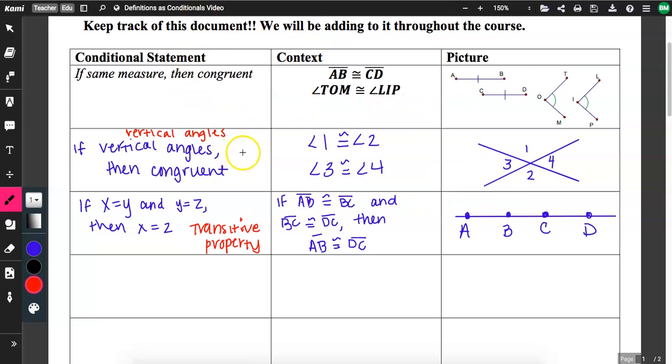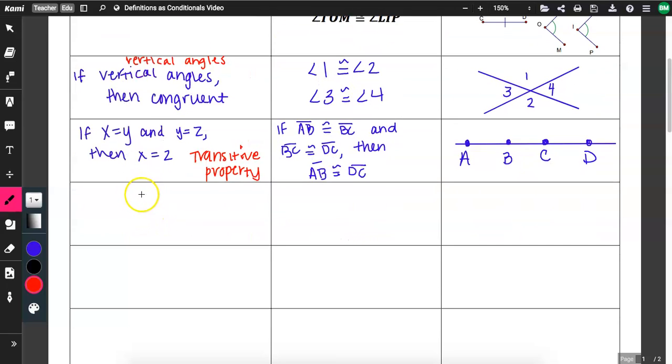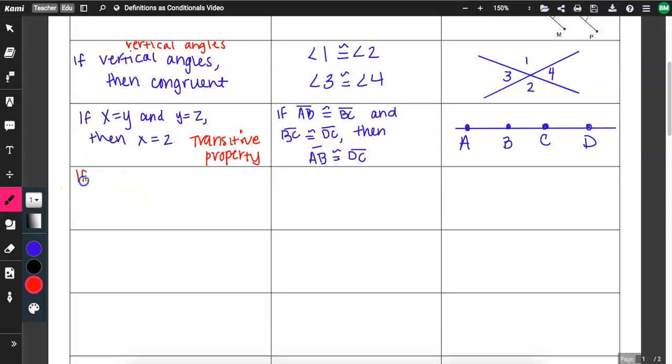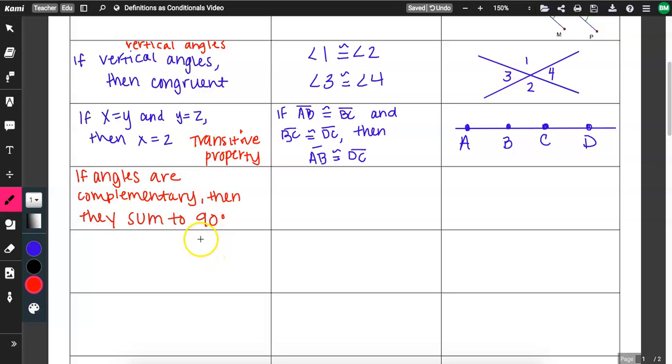Just good practice is writing our definitions as conditional statements. So we'll say if angles are complementary, then they sum to 90 degrees. Okay, so an example you can draw similar to the one that we had on the other page. Angle 1, angle 2.